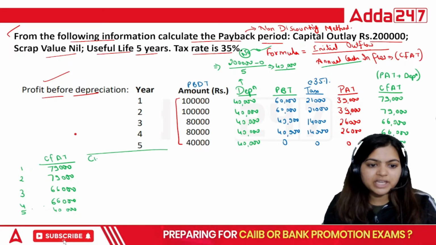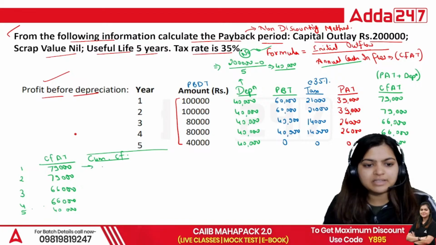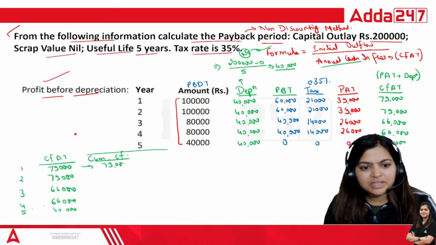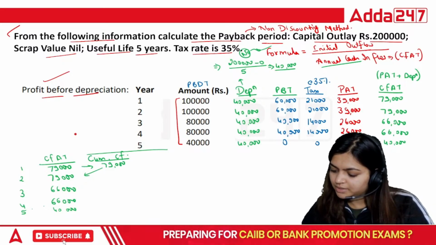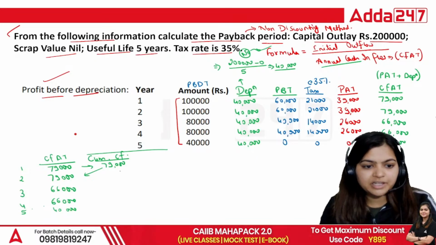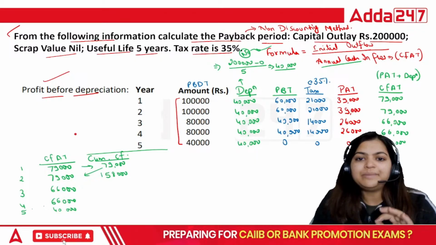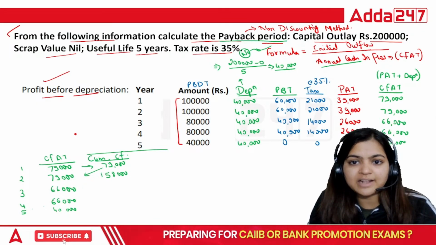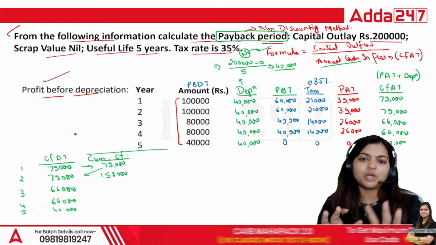So this time we take cumulative cash flow. Cumulative means every year you will add. 79,000 plus 79,000, second year you are getting 1,58,000. See, payback period method says that as soon as you are recovering your actual initial investment, you will stop calculating.